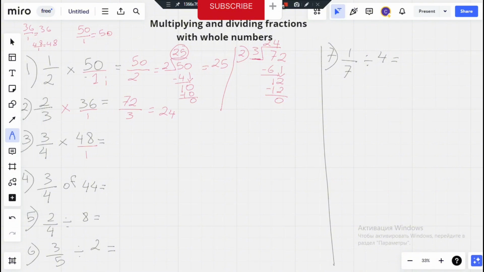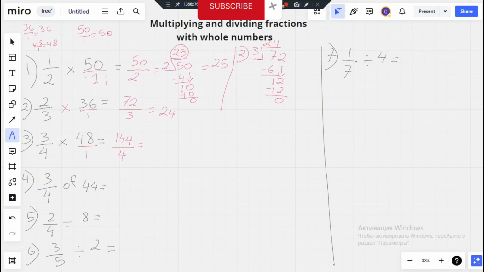Now, number 3. 3 times 48 equals 144. 4 times 1 is 4.